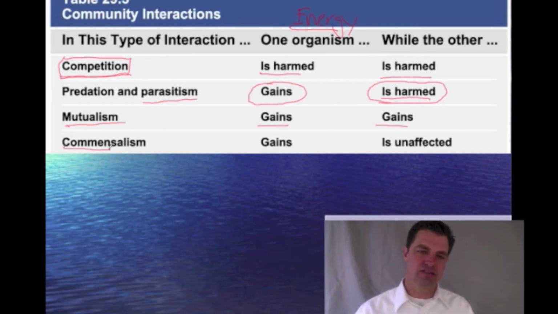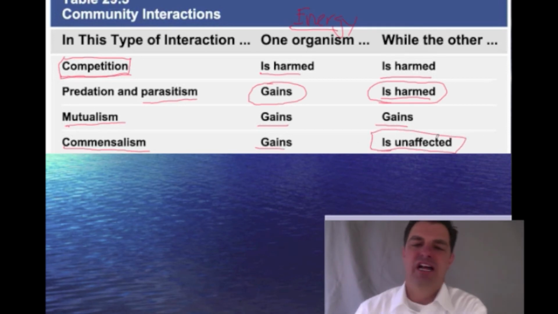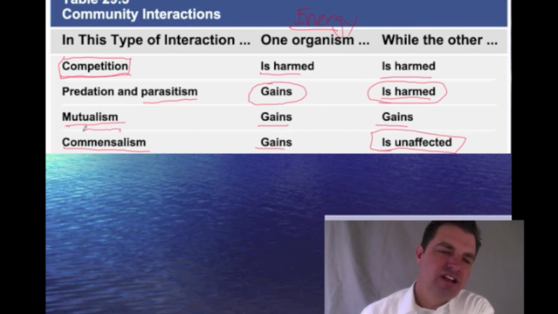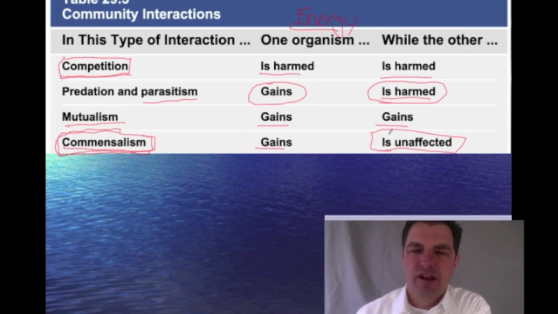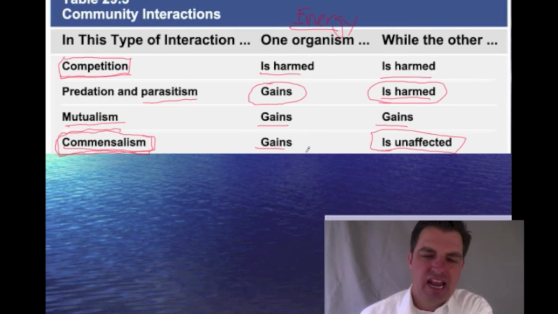In commensalism, one of them gains and the other is unaffected. So in that same example, there's some debate about how accurate commensalism might really be, because sometimes we wonder, well, maybe the other is affected some way. So let's say the rhino's walking along, and it scares up insects that the birds eat.